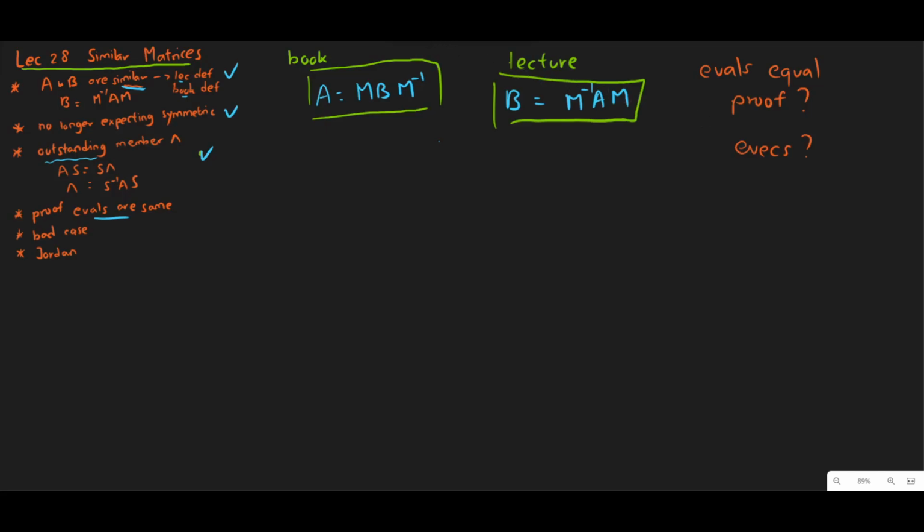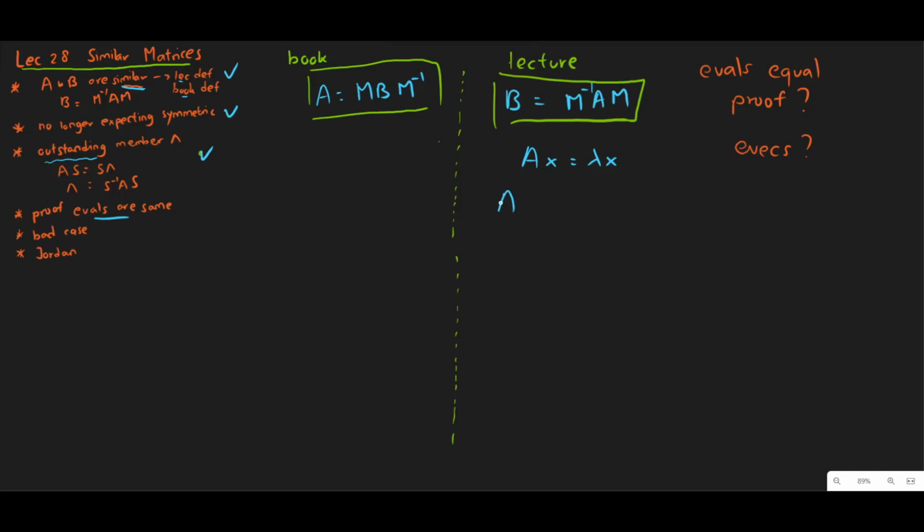Let's start right away with the definition in the lecture, right? So B is similar to A, given B is M inverse AM, and then let's start with the known facts that we have: A times the eigenvector is equal to the eigenvalue times the eigenvector. I'm sorry about that. Okay.